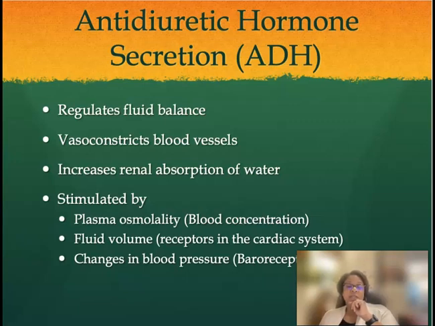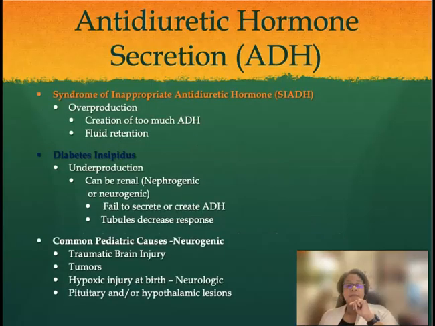And then there are changes in blood pressure, which come from the baroreceptors located within the cardiac system. When I say the cardiac system, it's not just the heart, but baroreceptors are also located on our major vessels. So let's go to our next slide, which breaks down some of the things differentiating between SIADH and DI.